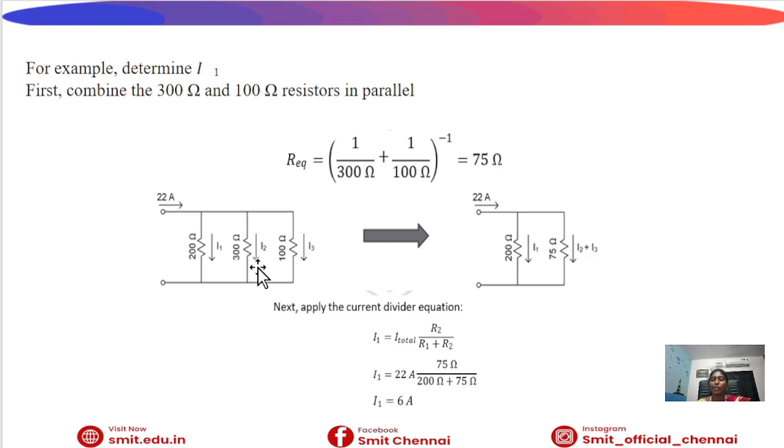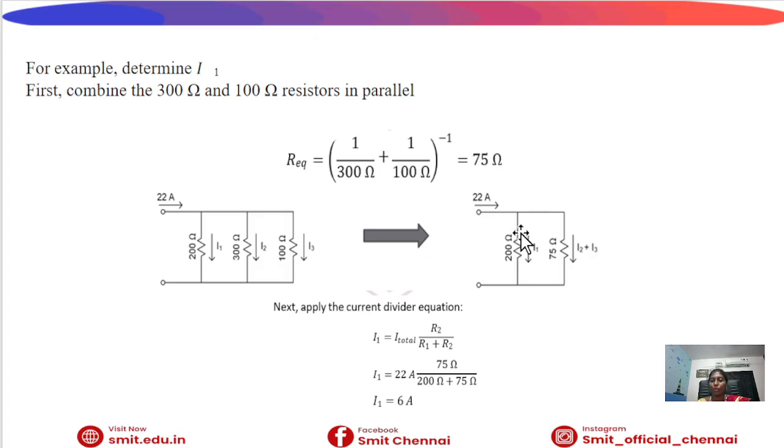R1 is 300, so 300 into 100 divided by 300 plus 100. We get the value 75. So we eliminate this resistor by using the parallel formula, and we have 200 ohm and 75 ohm. Here we have to find the current I1 and the current I2.